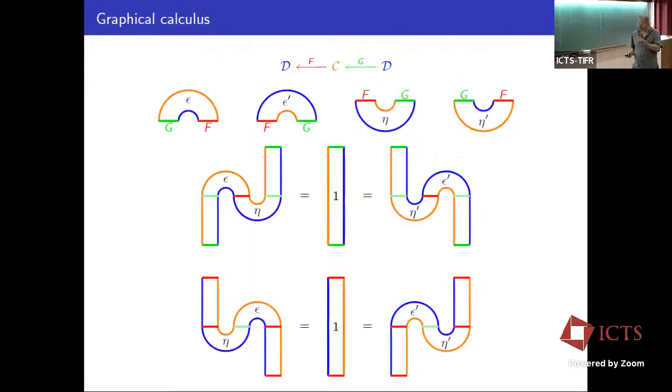So here's just a little side remark. We're doing various things with ambidextrous adjunctions, and we need to do some formal manipulations with these adjunctions. It's nice to have a little graphical calculus for dealing with this. I guess many people are familiar with the graphical calculus for dealing with dualizable objects in a symmetric monoidal category.